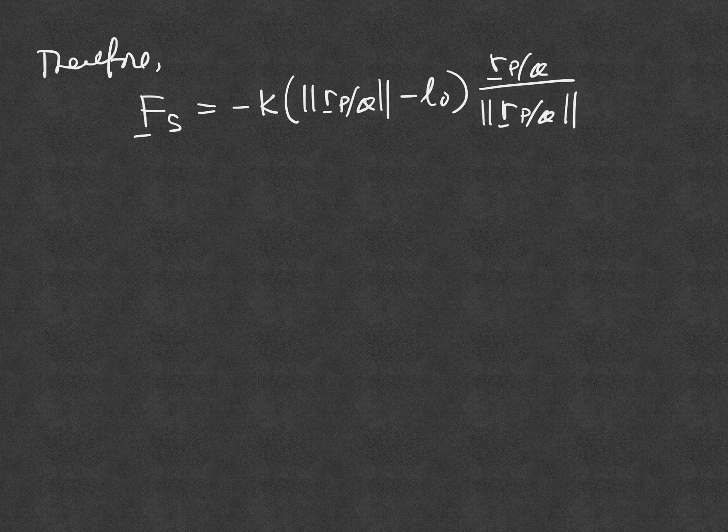So let's just reiterate what these quantities are, just to be complete about this, which is that the magnitude of the position of P relative to Q is equal to L, which is equal to the length of the spring.